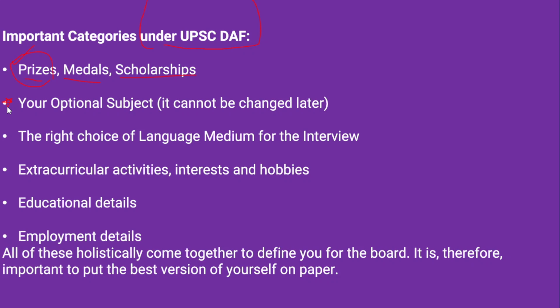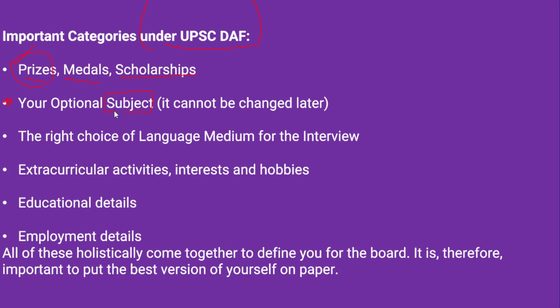Because these optionals, particularly political science and international relations, are usually considered a very dynamic subject. Since it is a very dynamic subject, you can expect that UPSC board members will link the theory part with the current happenings across the world. So therefore you expect more and more questions from your optional subject. So you have to be well prepared for your optional subject.